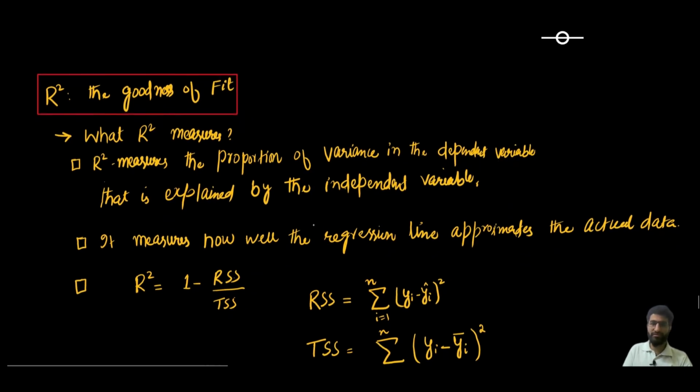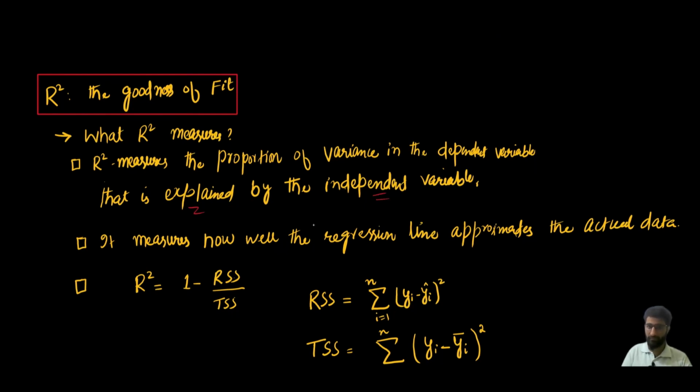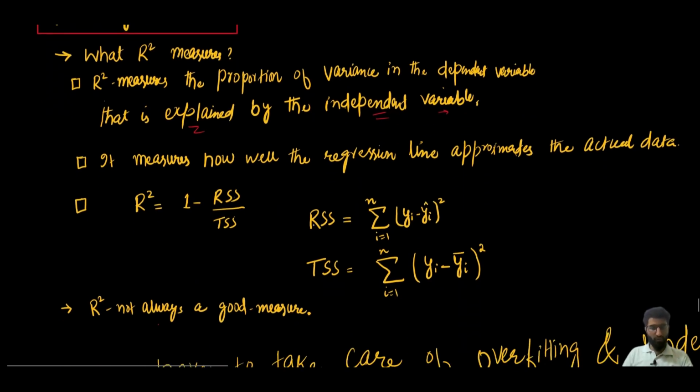What R square is doing is measuring the proportion of variance in the dependent variable that is explained by the independent variable. So it's trying to explain how much variation is captured by the model, how much is left. So it measures how well the regression line, a simple line or some other curve, approximates your actual data.